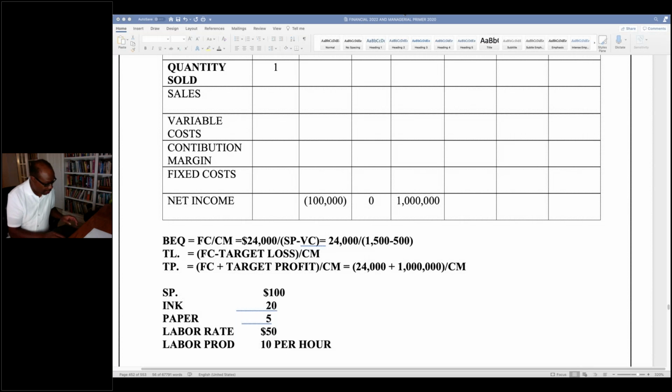Yeah, see. Okay, so let's talk about sales. This is CVP Quiz 1, fall of 2020. Let me save it and go to Blackboard and put it in.